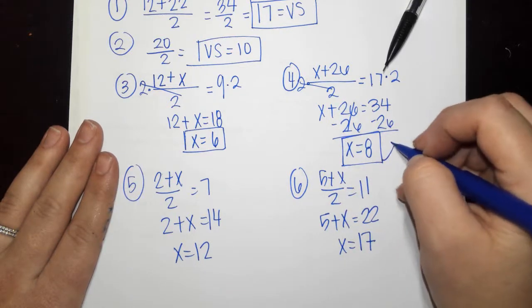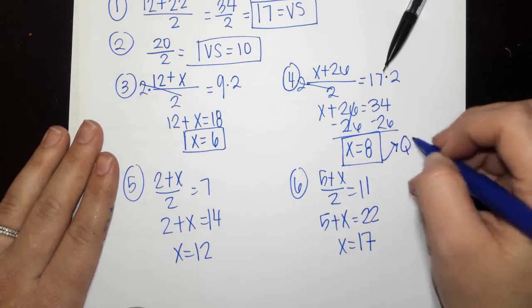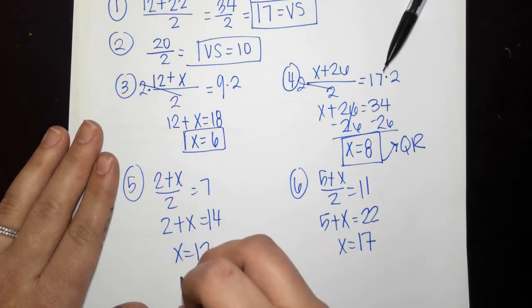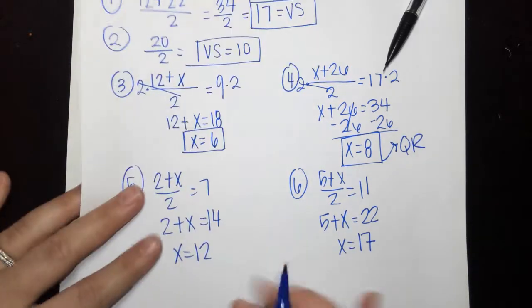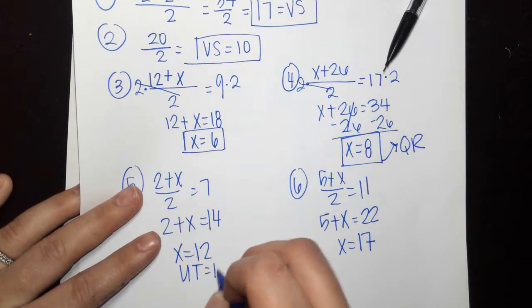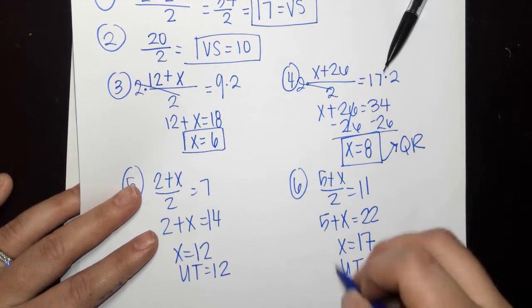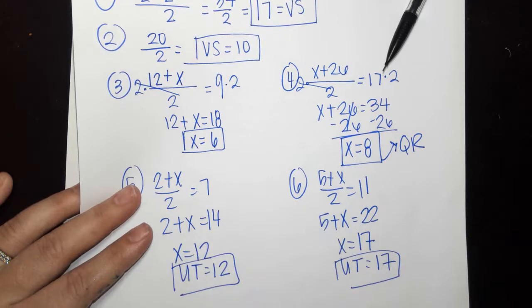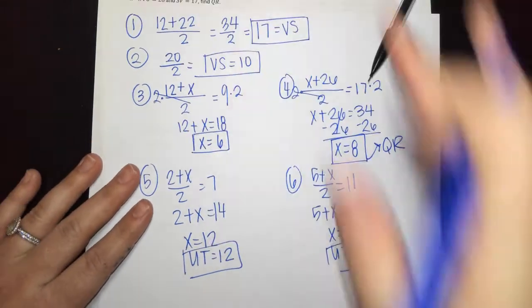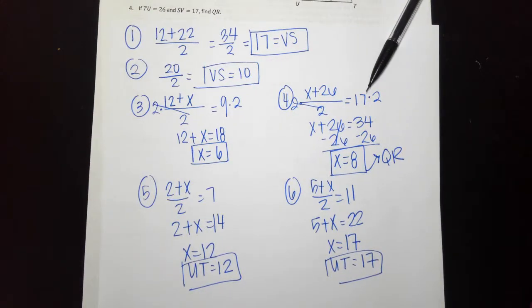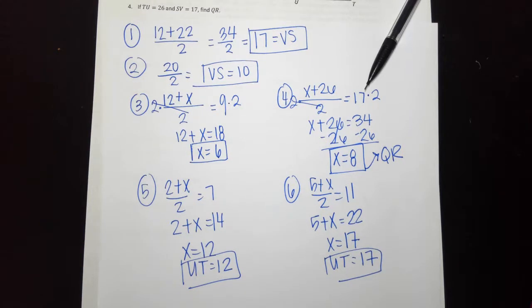And by X, what I really mean is the segment. So QR, 5 is UT. So these two would be UT equals 12. I just named it X to give us a variable to work with. How was that? Perfect? Good. Thank you, Judah.